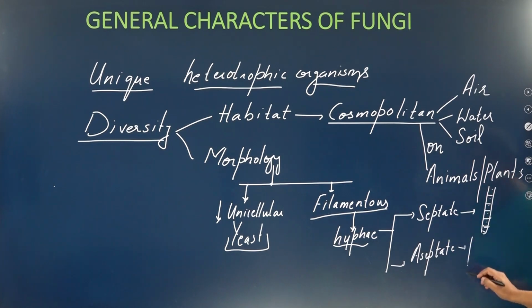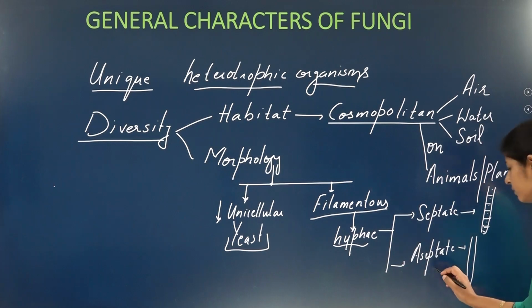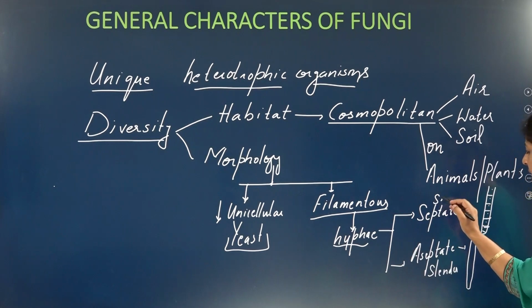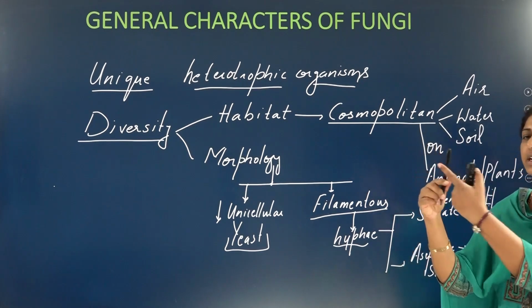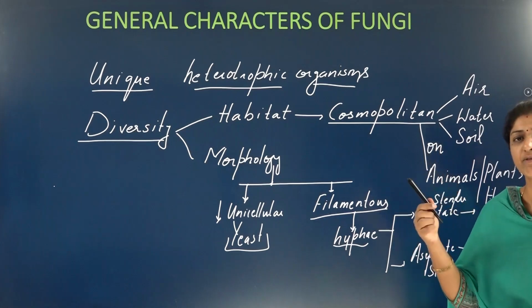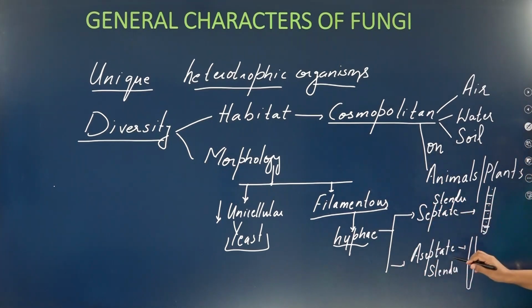Aseptate means they are simply elongated cylinders. Cylinder means elongated, like this marker, which is elongated and rounded. You call this a cylindrical form. Both septate and aseptate are cylindrical, elongated, filamentous forms.